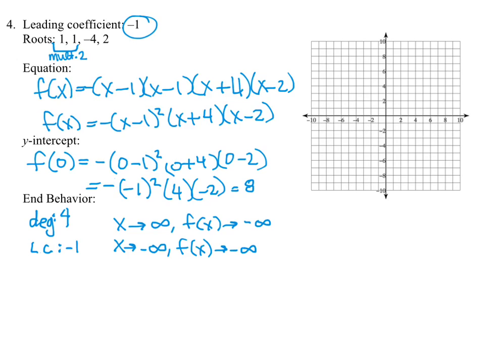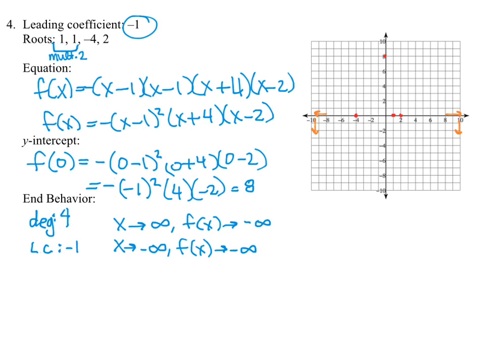So let's go ahead and put everything on my graph. I have x-intercepts. We had that root with multiplicity of 2 at 1. I have 1 at negative 4 and positive 2. For the end behavior, as my graph goes to the right, it goes down. As I go to the left, it goes down. And then I also had my y-intercept at 8.